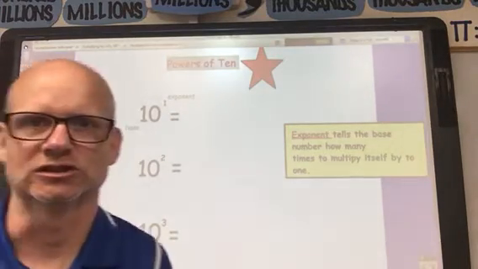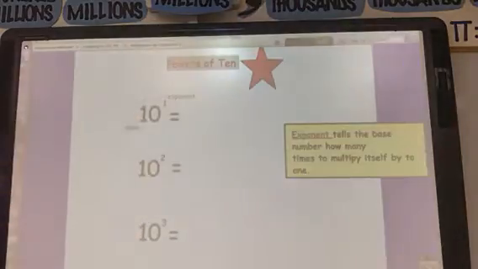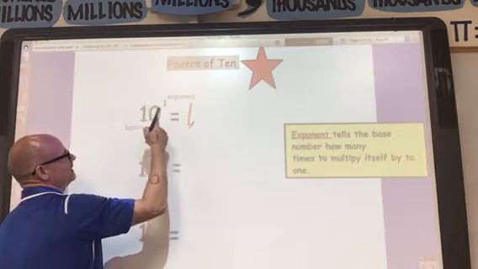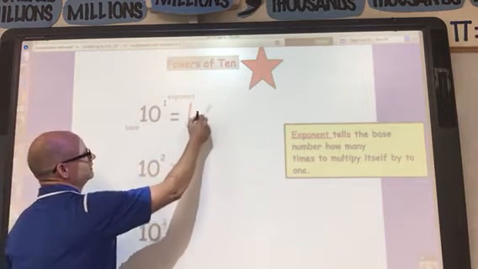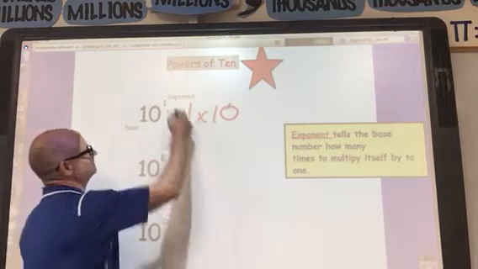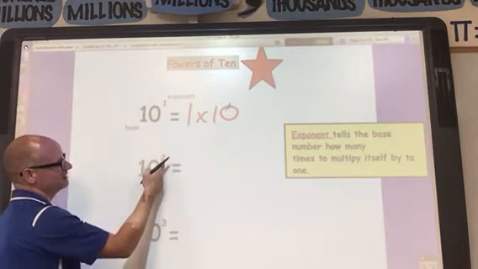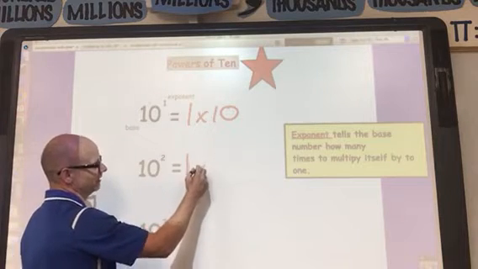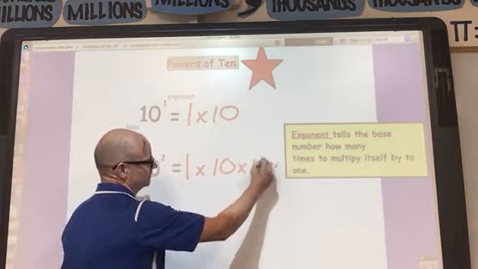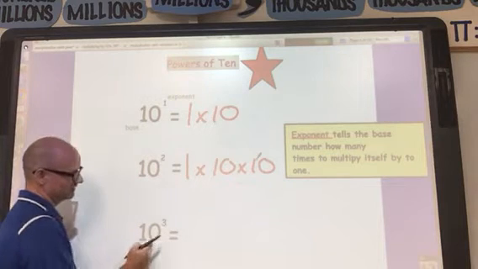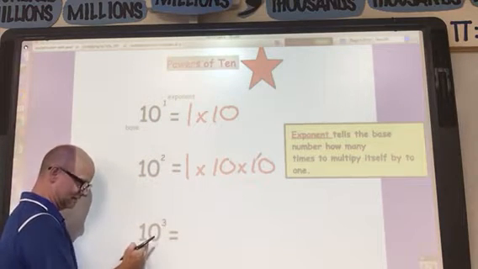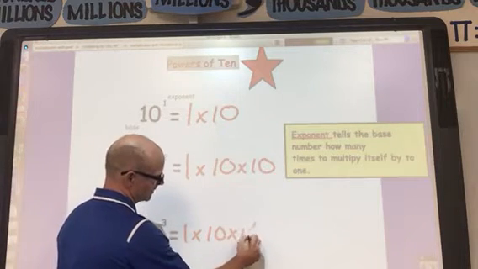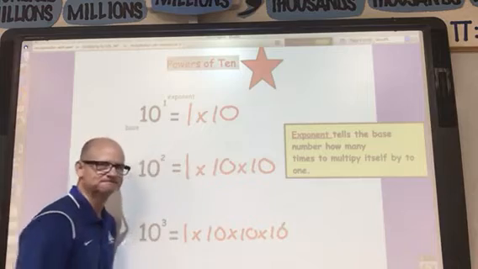Now that really seems strange. Okay, so it means something like this. Here's 1, and 10 to the first power means you're going to multiply this number, 10, to 1 one time. 10 to the second power means you multiply 10 to 1 two times. 10 to the third power means you multiply it to 1 three times.